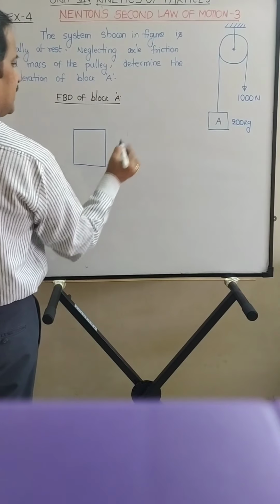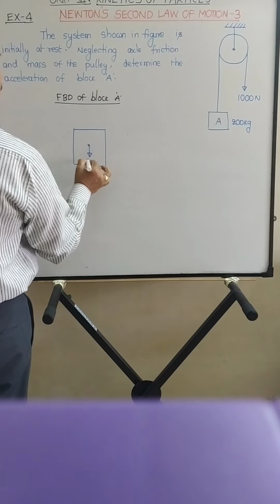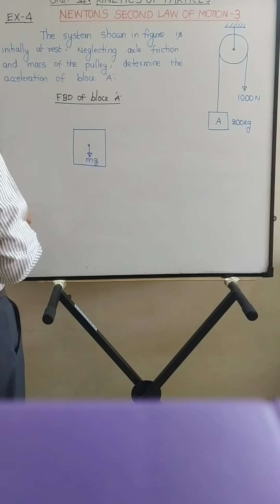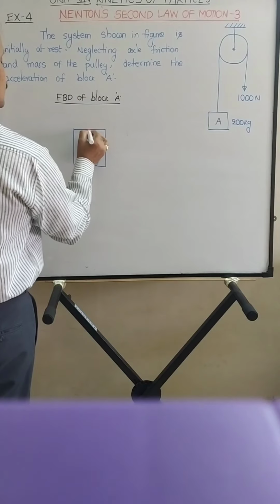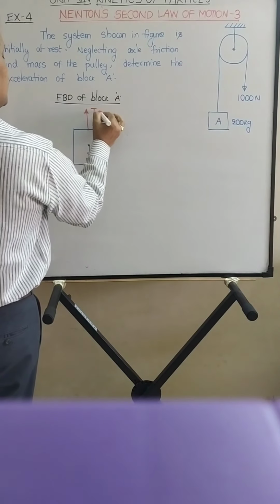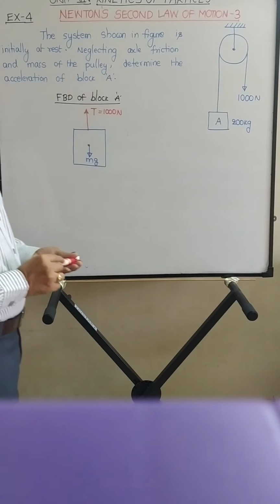Mass of the block is given 200 kg. So the weight of the block will act vertically downwards, say mg, and the tension in the cable is upwards, and the magnitude is 1000 Newton, right?